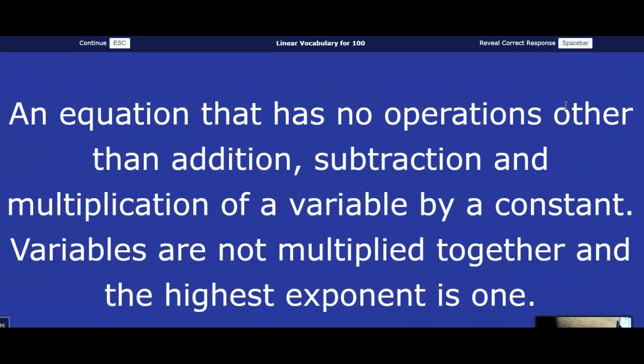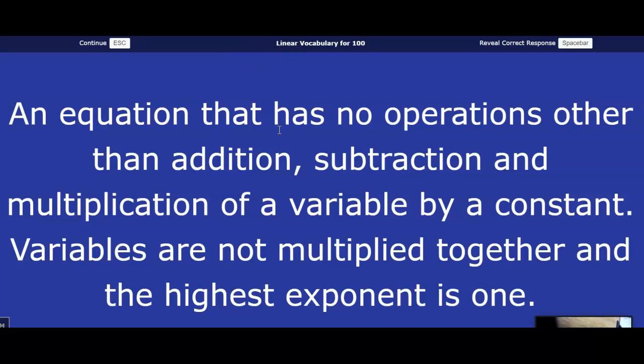An equation that has no operations other than addition, subtraction, and multiplication of a variable by a constant, meaning you do not have exponents or variables multiplied together. What type of equation is that? No exponents, no two variables multiplied together. Give you a hint. Has something to do with the category.